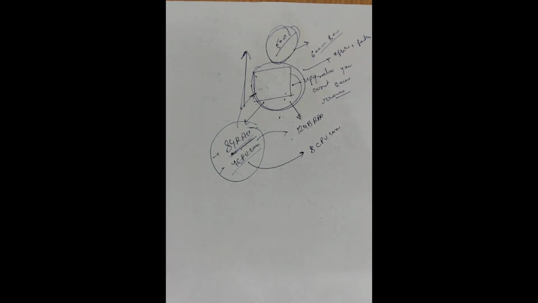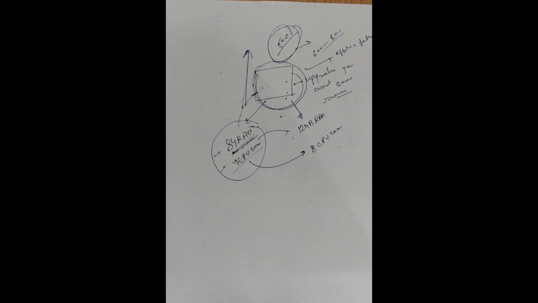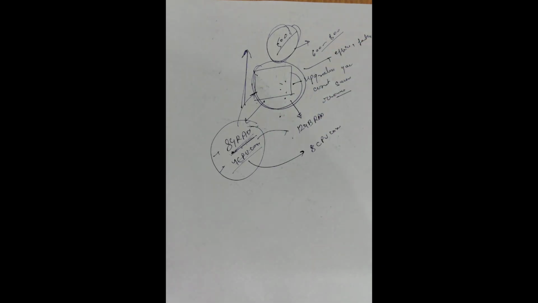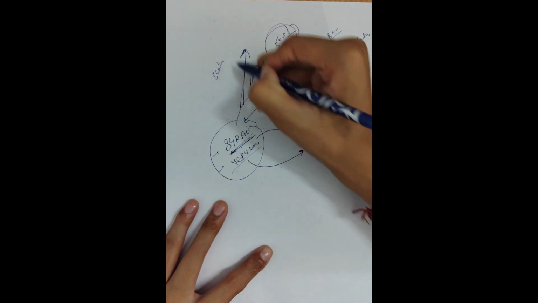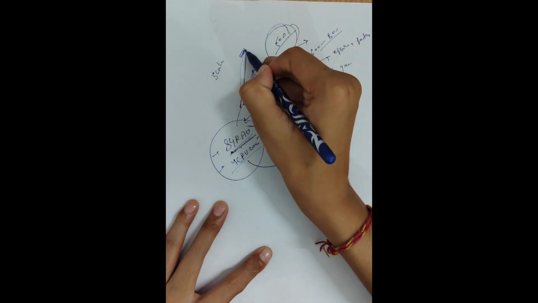Your focus should be on one single server, not many servers, and you increase the resources of that single server only. That is vertical scaling, which basically means scale up.